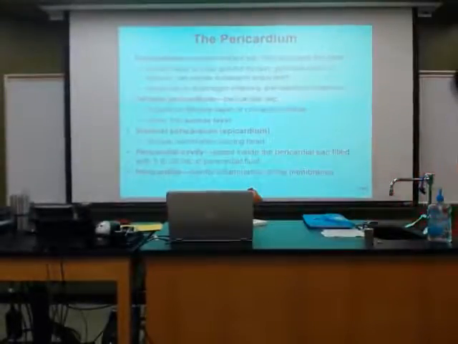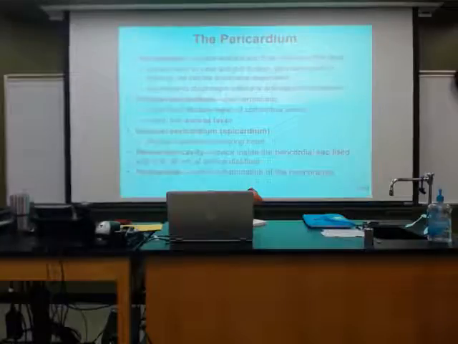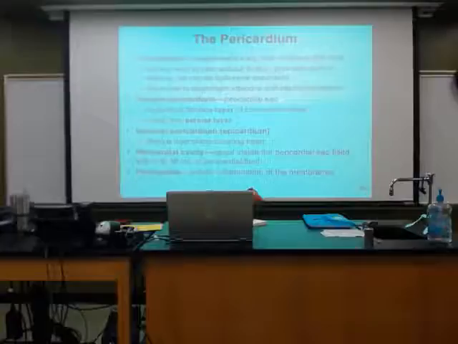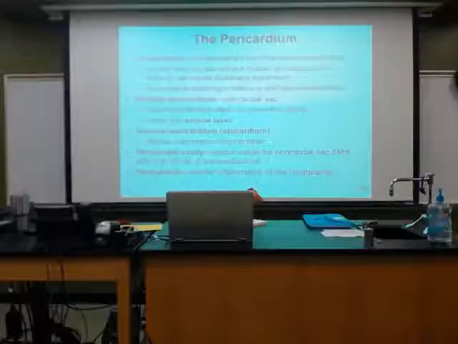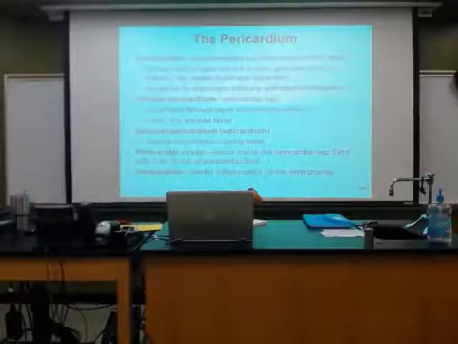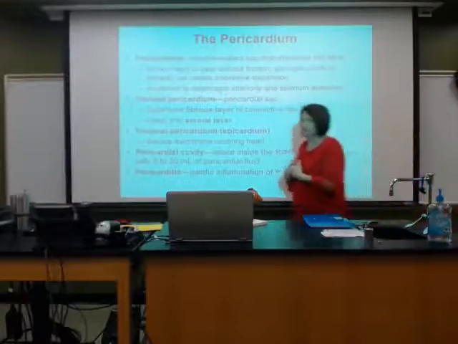Visceral means that sac, the shape of the heart, it's actually going to be following every contour of the heart for it to be the visceral pericardium. All right? The parietal is to the outer portion, okay?